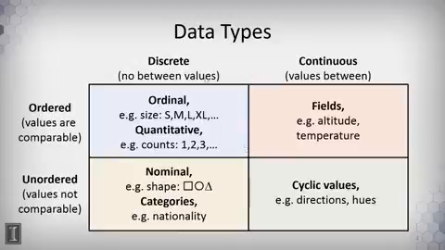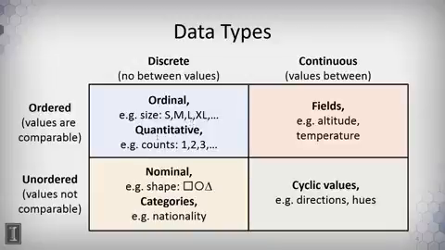For example, ordinal data. Ordinal data is data that's ordered but discrete. Things like shirt sizes. You can say a medium shirt is going to be larger than a small shirt, or a large shirt is going to be larger than a medium shirt, but there may not be values of a shirt size between medium and large.